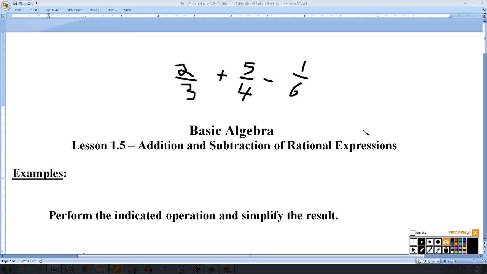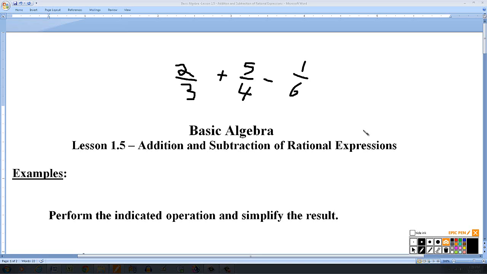So if I factor out the denominators, here I have 3 in the first denominator, and then the next one is 4, or 2 squared, and then I have 2 times 3 for 6. So from that we can see that the lowest common denominator is 12.